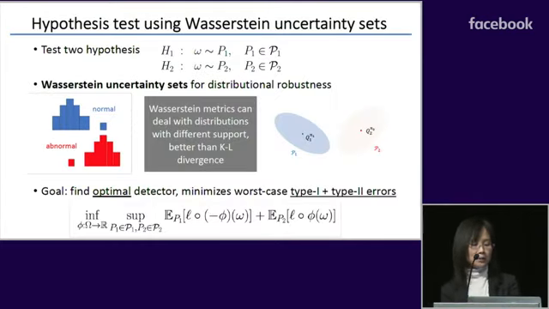So our formulation is the following. We view the classification as a hypothesis testing problem. Given a sample, you try to determine which of the hypotheses is true. And we believe the true distributions P1 and P2 are within certain uncertainty sets. So the calligraphic P1 and P2 are uncertainty sets for distributions that are centered around the empirical distribution from your data.